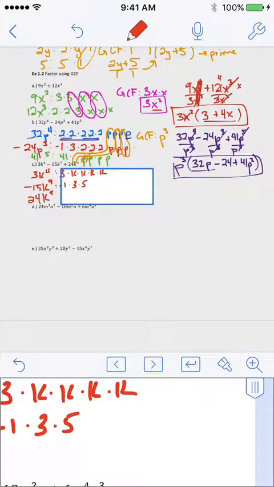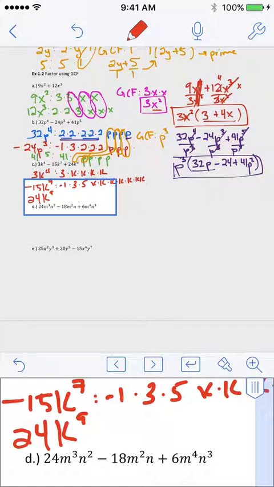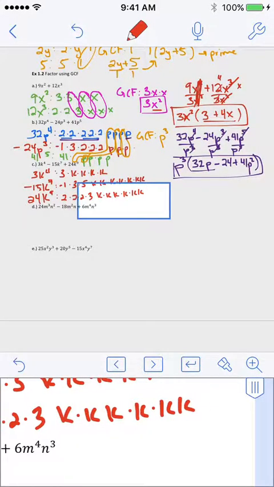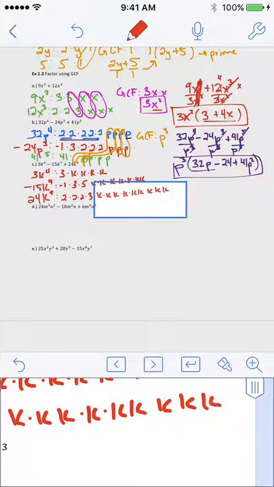And I've got 7k's. 1, 2, 3, 4, 5, 6, 7. 24 breaks down into 3 times 8, but we know that 8 is not prime, so it's 2 times 2 times 2. And I think I'm going to write it in numerical order just to make sure I get everything. 2 times 2 times 2 times 3. And then I've got 9k's. So 1, 2, 3, 4, 5, 6, 7, 8, and 9. Okay, cool.